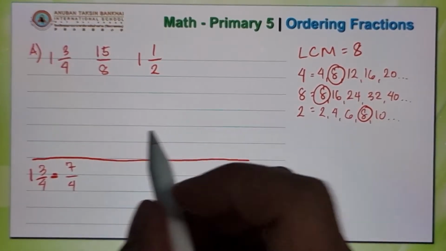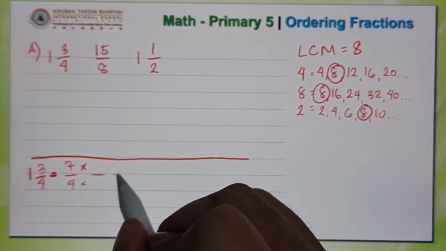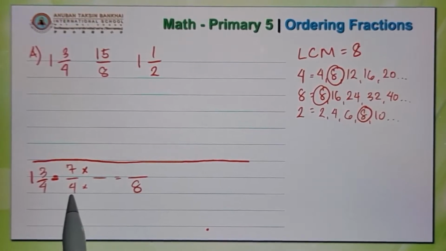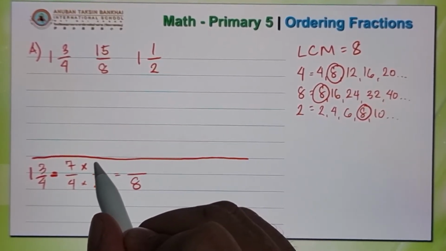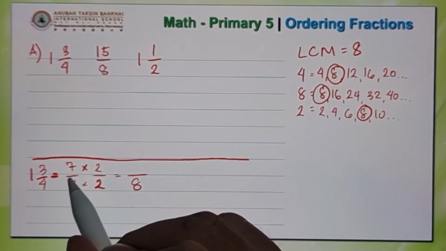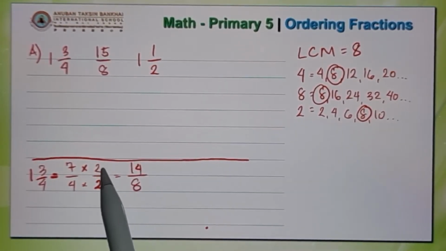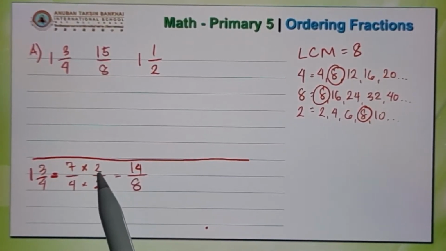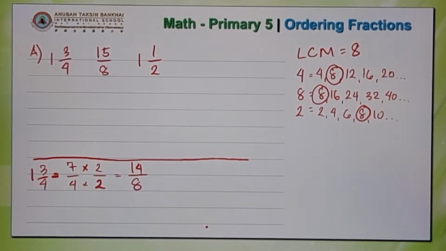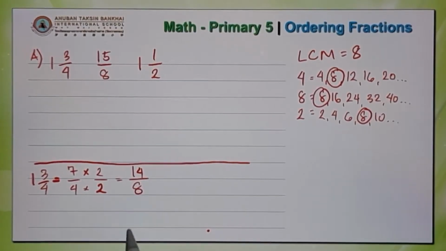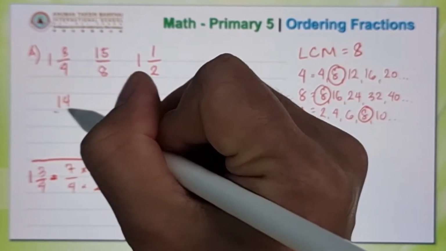Now, 7 over 4, we need to change the denominator to 8. So 4 multiplied by what number to make it 8? Yes, we have 2. So 4 times 2, we have 8. 7 times 2, we have 14. Again, we need to multiply the number with a numerator and denominator the same, so that our value will still be equal to each other. So therefore, 1 and 3 over 4, that is equivalent to 14 over 8.